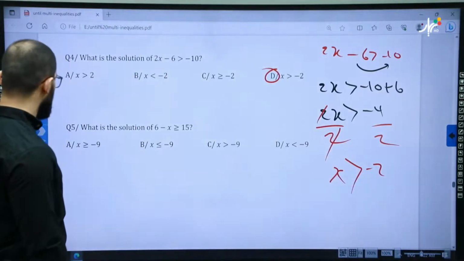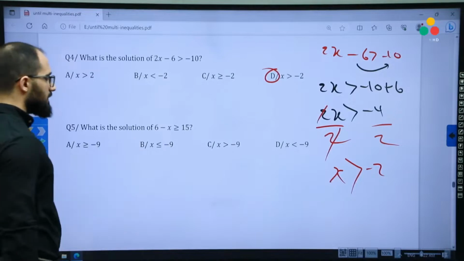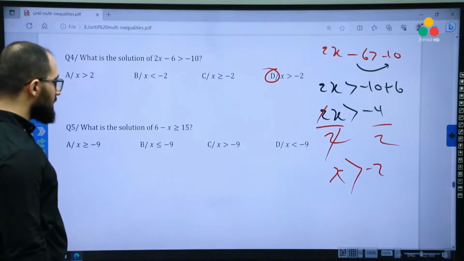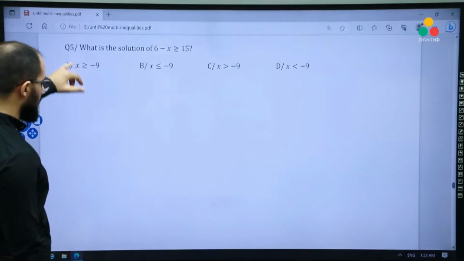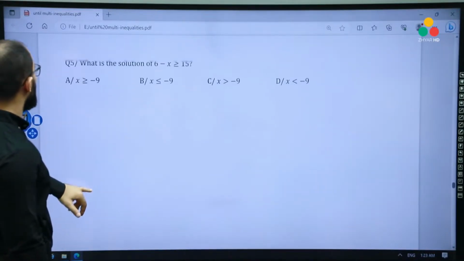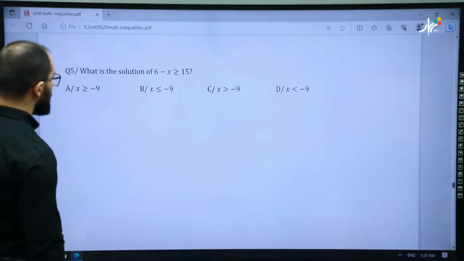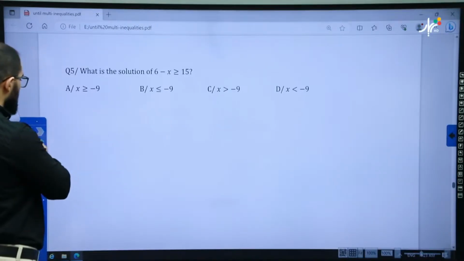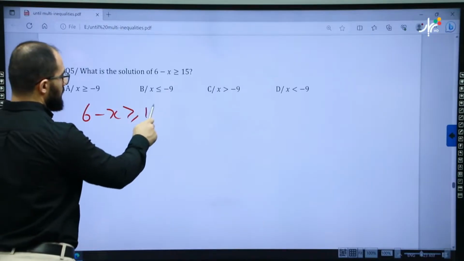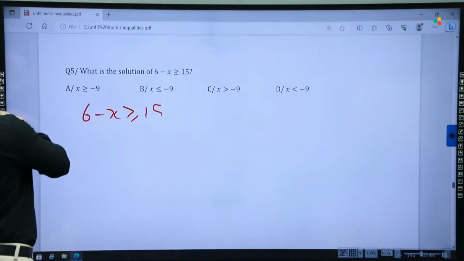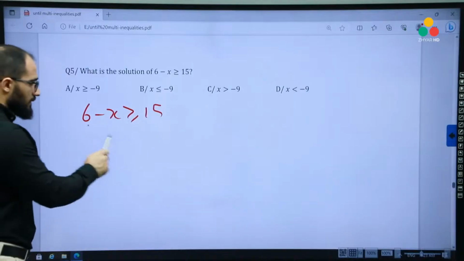And question 5 is, what is the solution of 6 minus x, okay, greater than or equal to 15? First step, we move 6 to the other side.